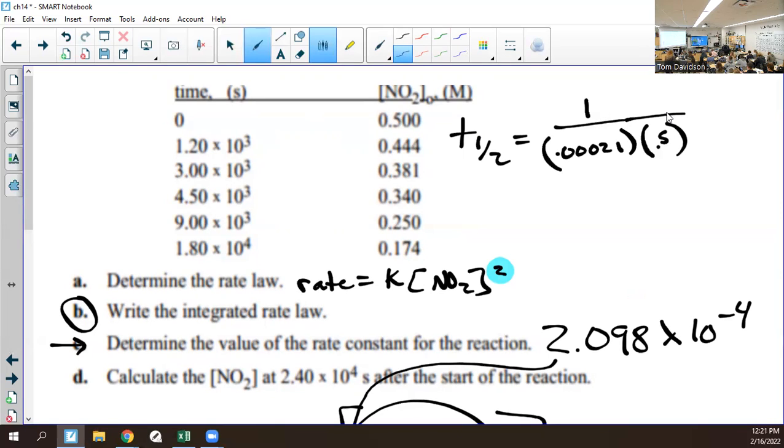All right, I didn't type it in, but I wrote it out. 1 over K times 0.5. Are we all right with that? Any questions where I got either one of those two numbers?